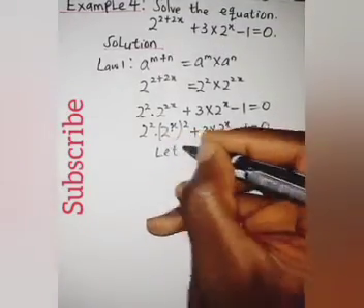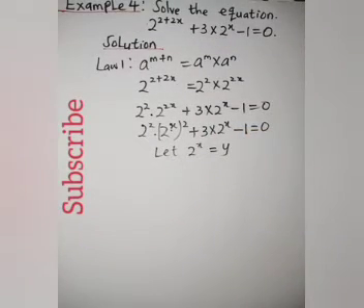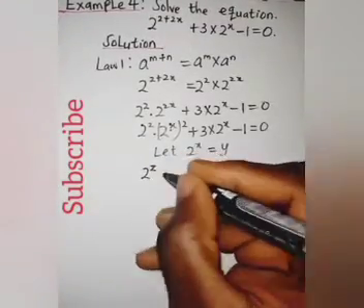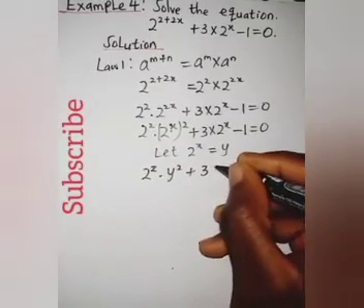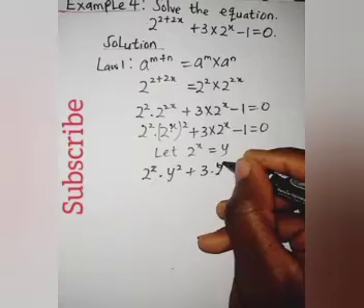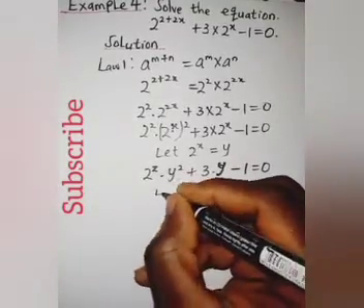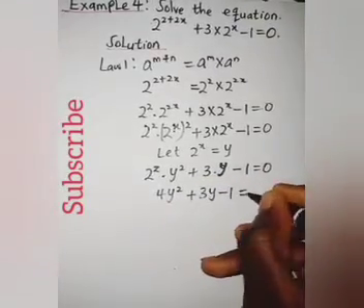I could say let 2 to the power of x equal y. Any letter, actually. Then I proceed, I say 2 squared times y squared, and 3 times y. Then it becomes 4y squared plus 3y minus 1.